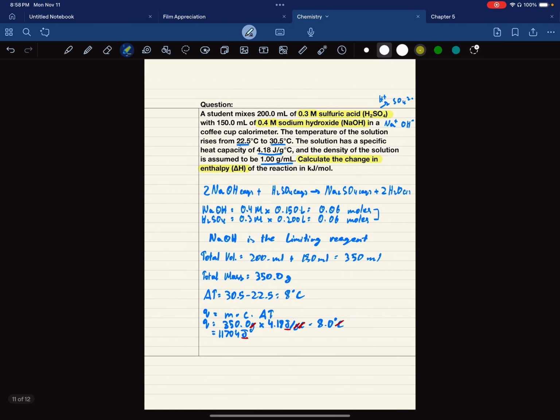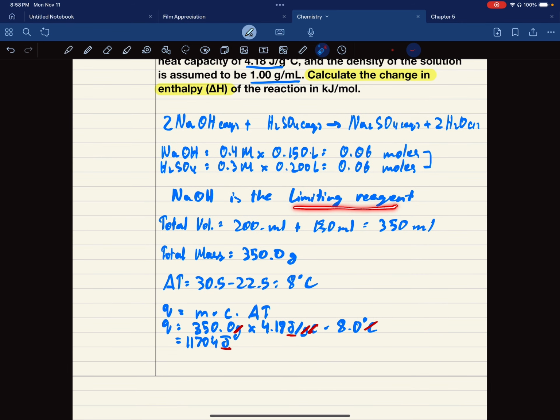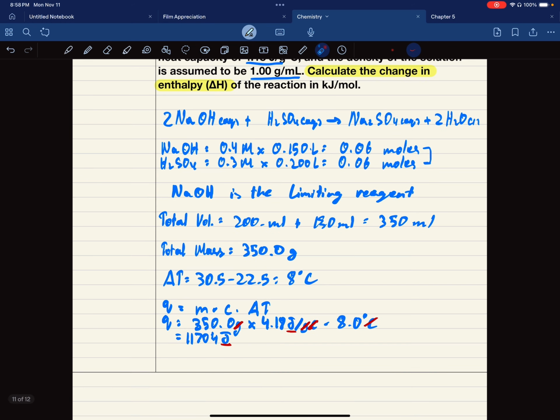Going over just what we did, we first got our balanced equation, then we got our moles, then we found our limiting reagent through comparison because we had the same amount of moles, so we could use comparison rather than solving it out. Then total volume, total mass, and delta T were found.